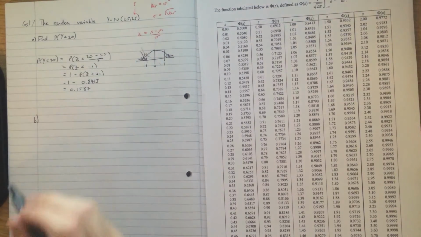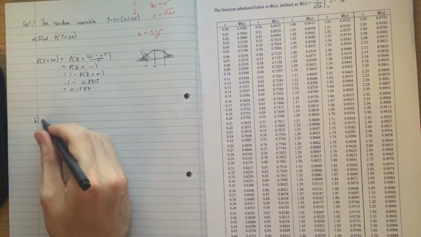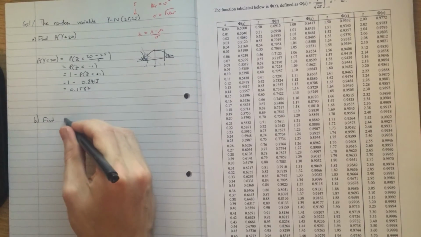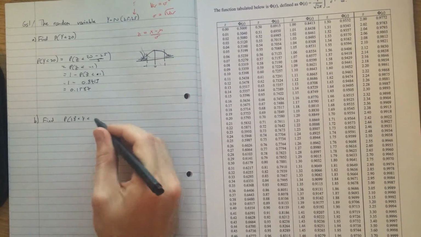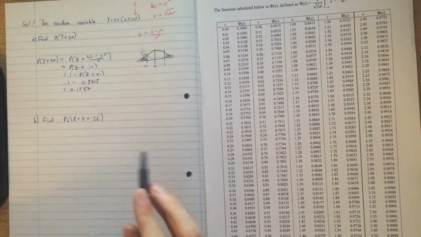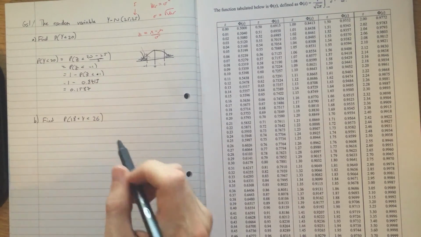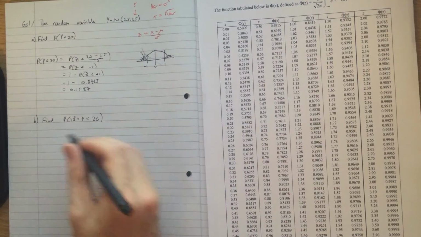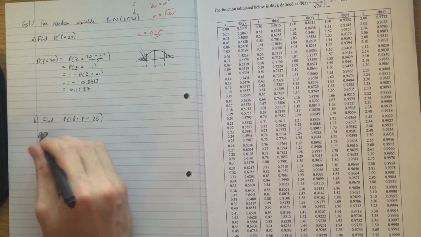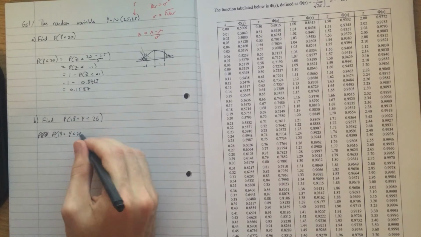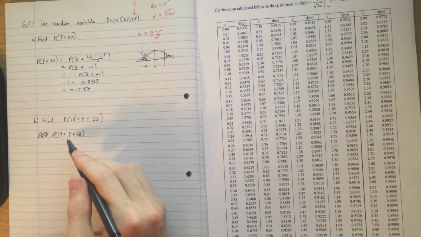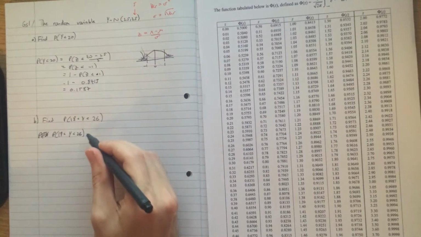So I'm going to do a slightly trickier one now. Find the probability of y being between 18 and 26, so our random variable being between these two values. So the probability of 18 being less than y and y being less than 26.